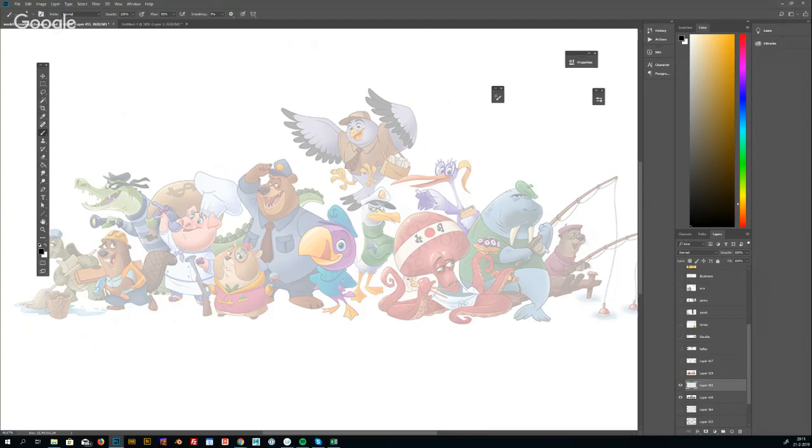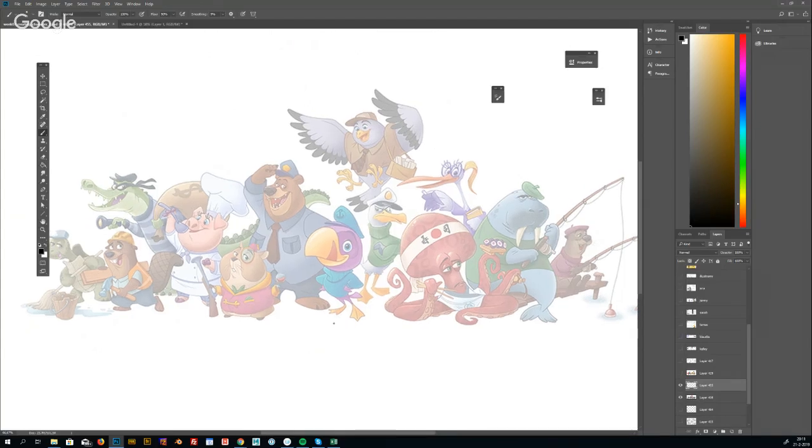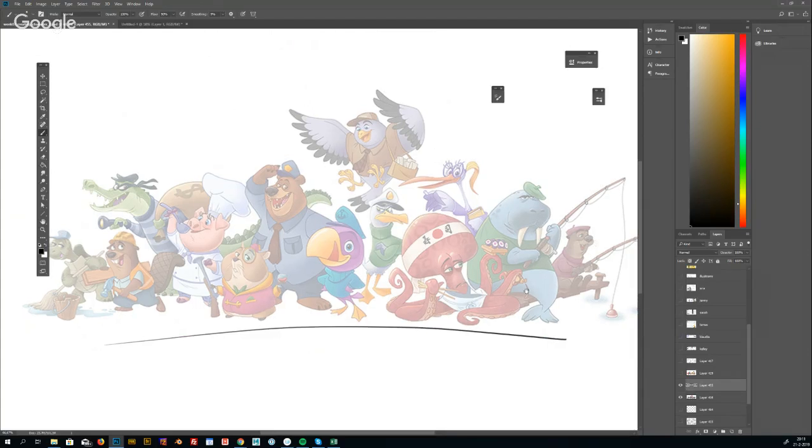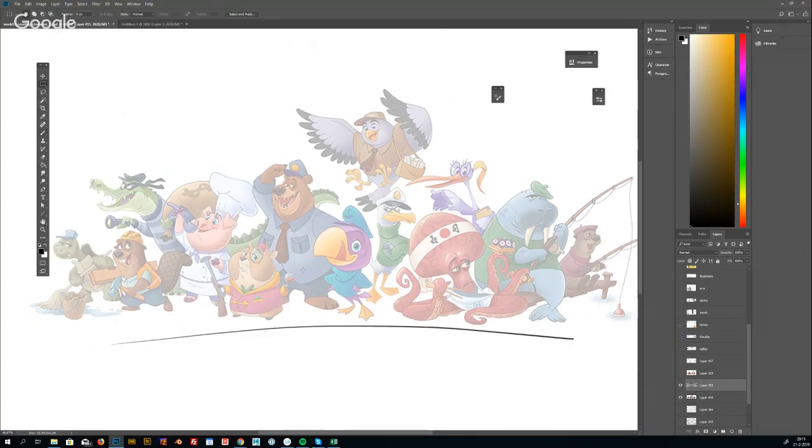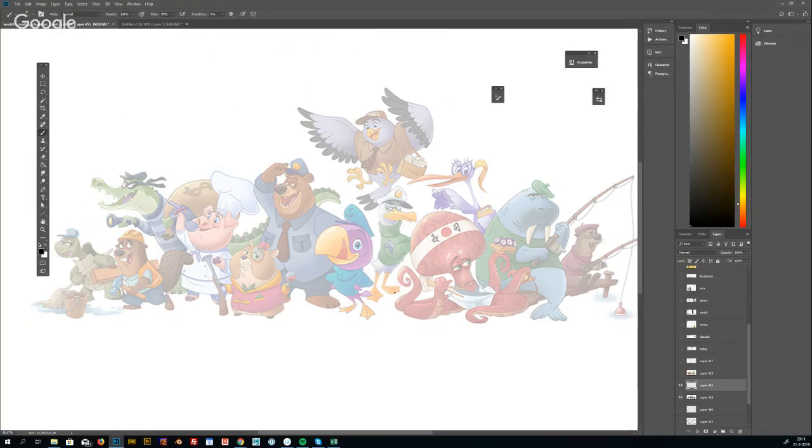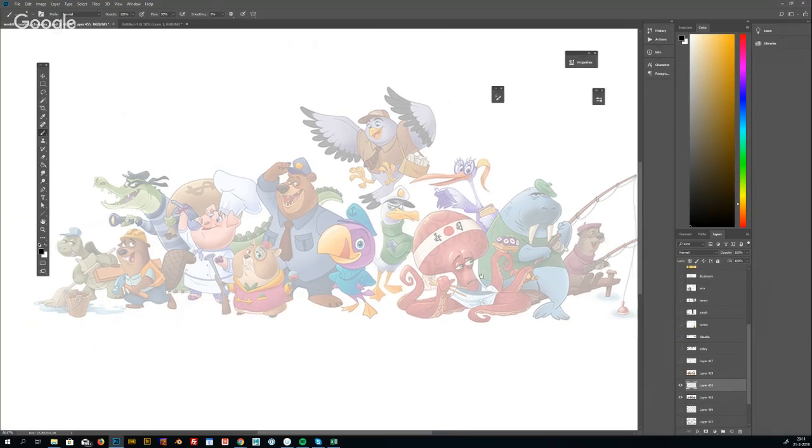And I got nice feedback on this character lineup, but what I took home to improve it was to get more interaction between them. So if you're making a lineup, I think this is okay.